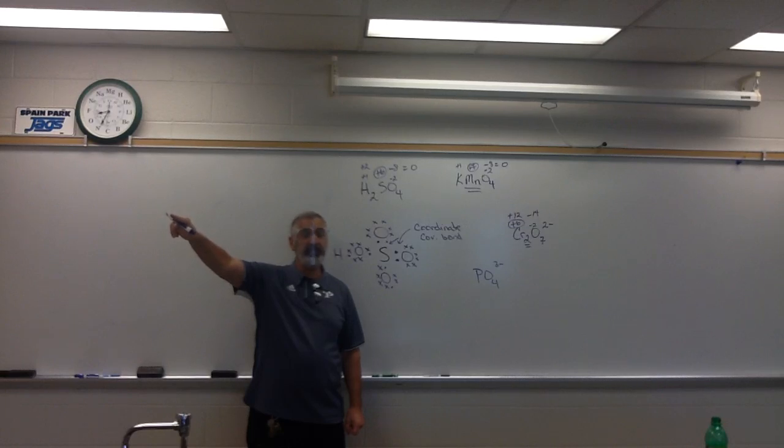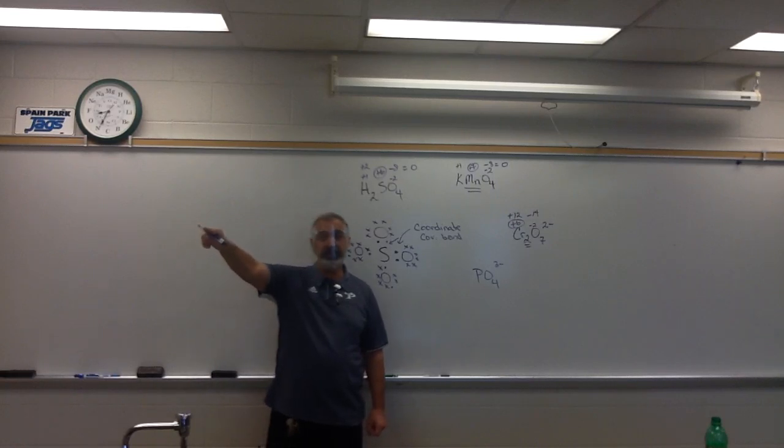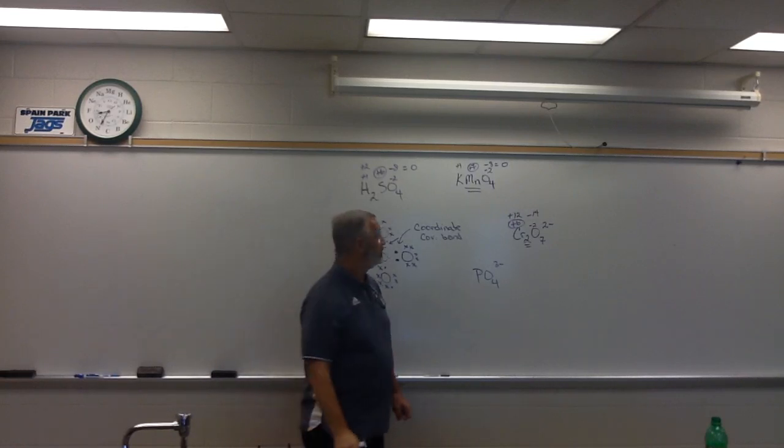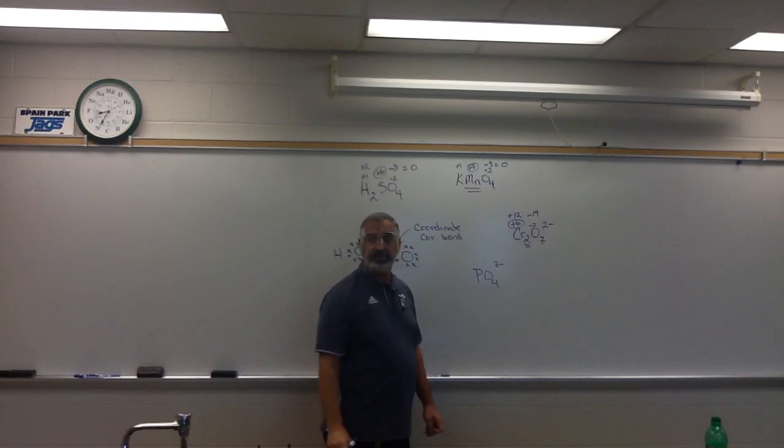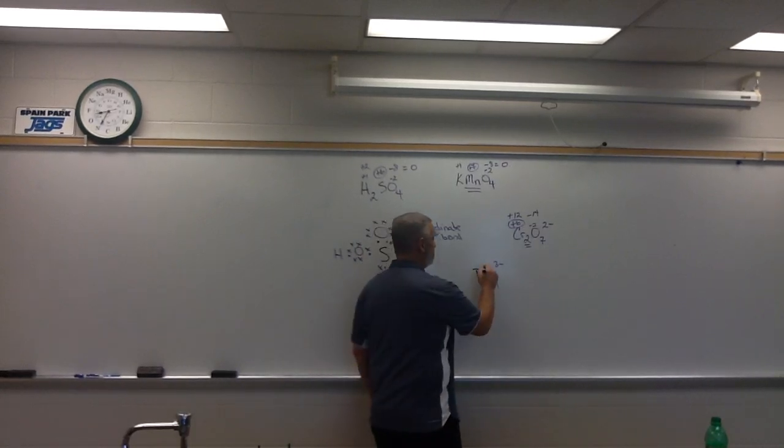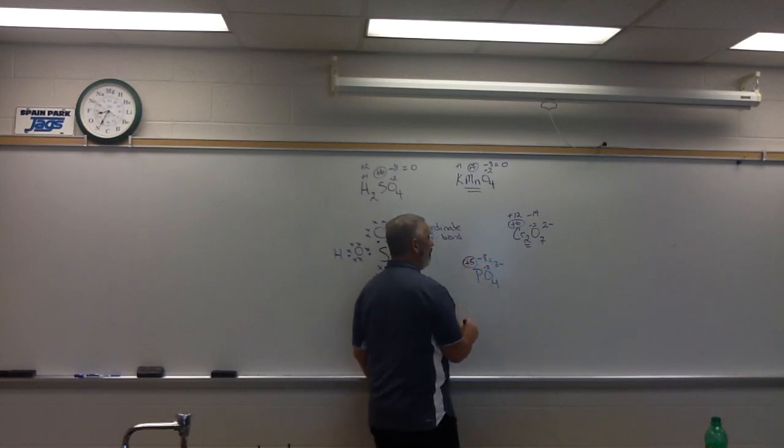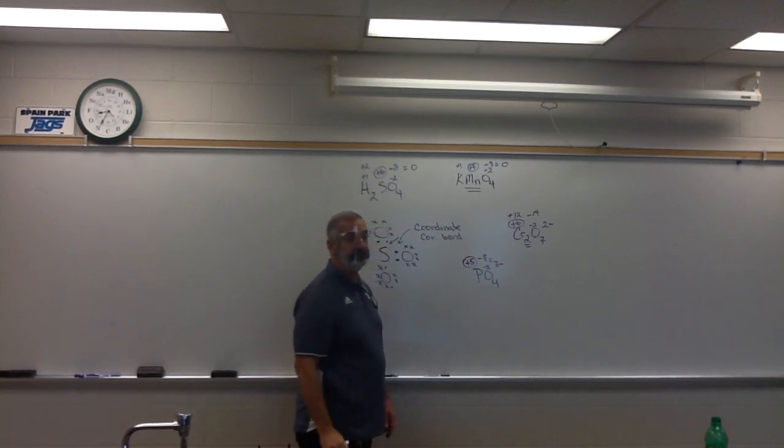So if the answer you got is not one of the little black numbers above the symbol, then you might want to recalculate. Okay? Because those are the only possibilities. So what do we know oxygen is? -2. We have 4 of them, so it's -8. Has to add up to -3. So phosphorus is +5. It means it has all of its electrons involved in bonding.